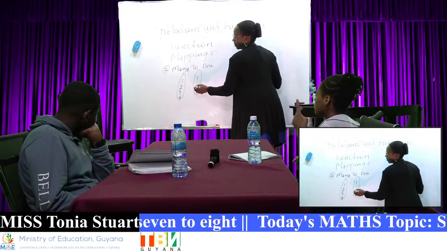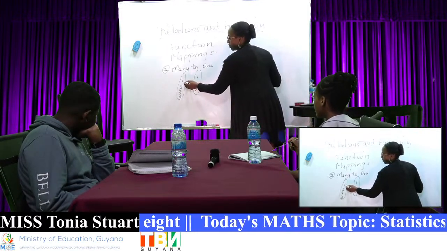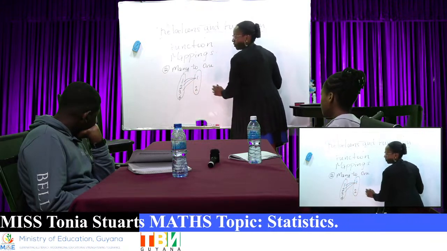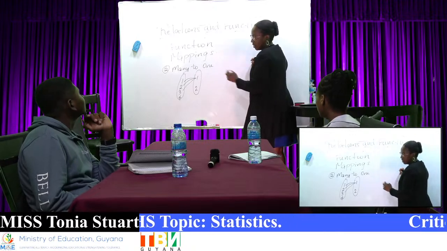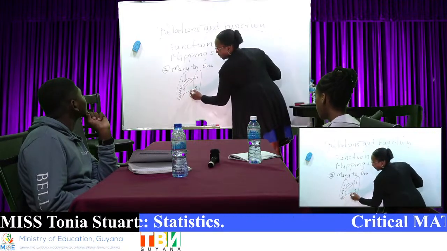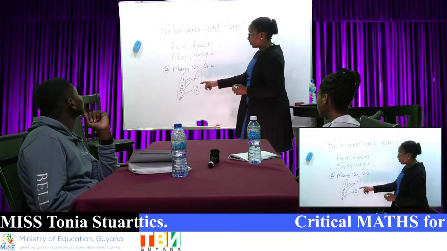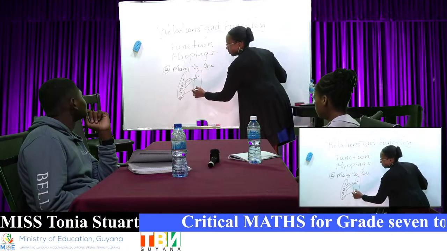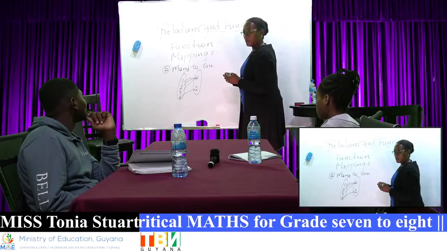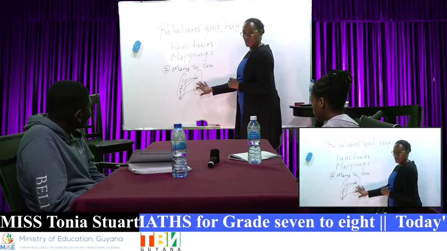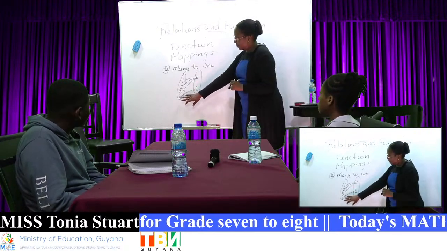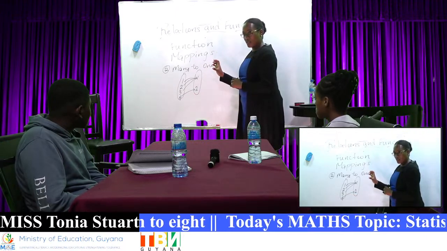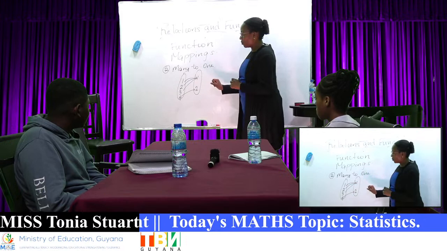Two or more of them on the domain can go to the same element in the range. Good. So many going to 1, and we can still have 1 going here, but the majority is many going to 1. See that, Shamar? Although we have 1 to 1 here, the majority would have many to 1.